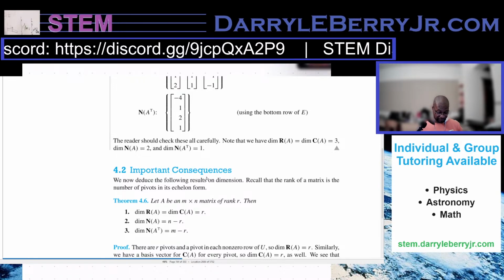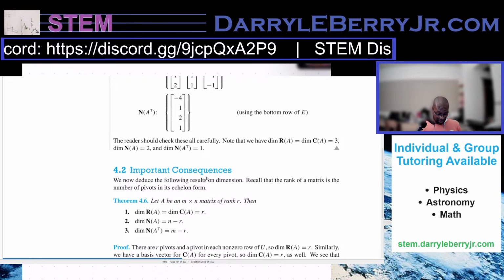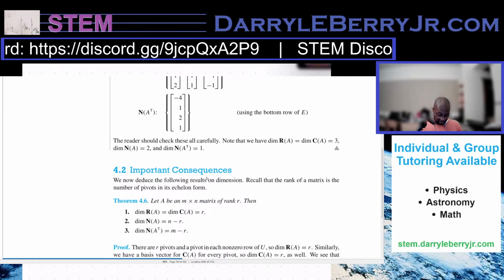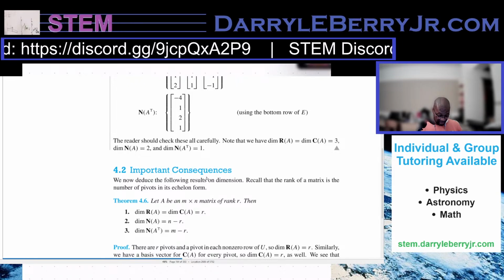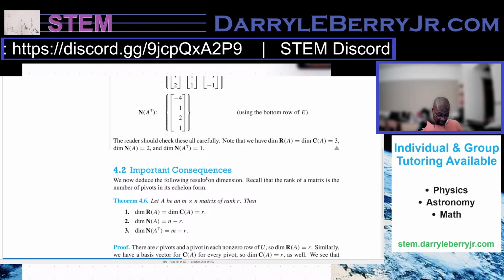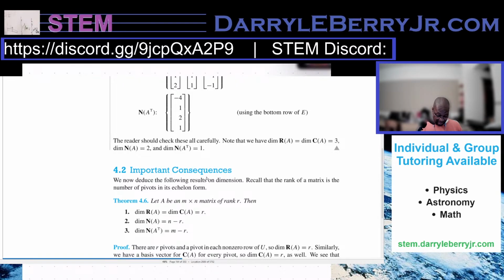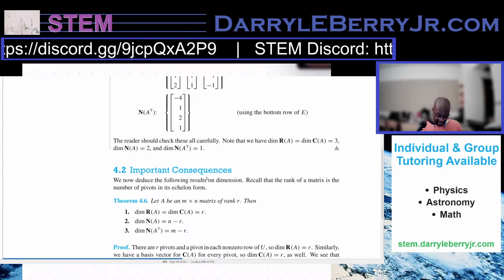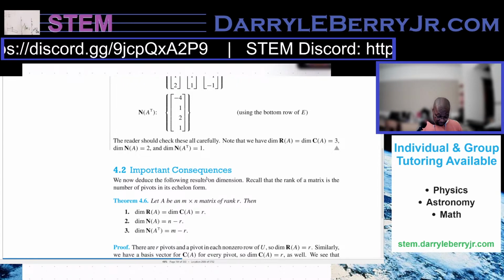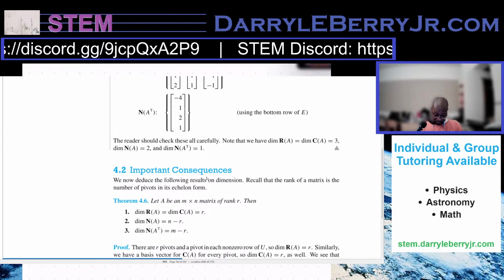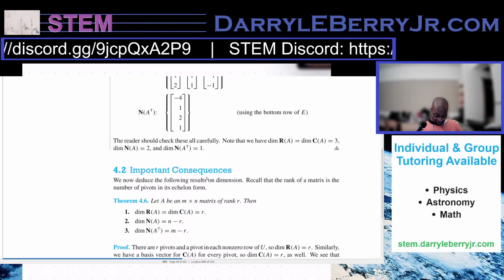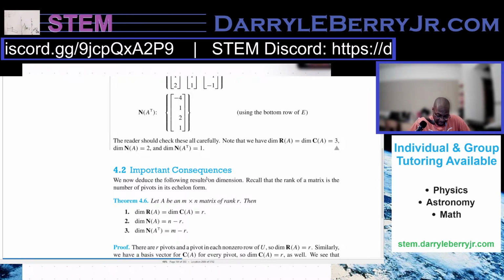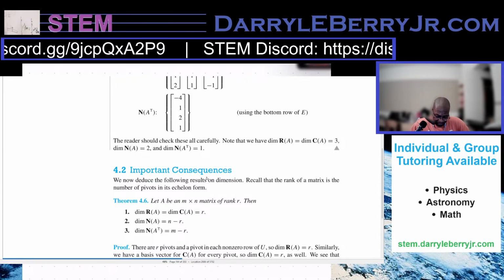So everything works. So the dimension of the row space and column space is the rank. The dimensions of the null space and left null space are complements of each other. So when you add them up, they equal m. N minus R and m minus R. Oh, maybe they don't always equal that when you add them.